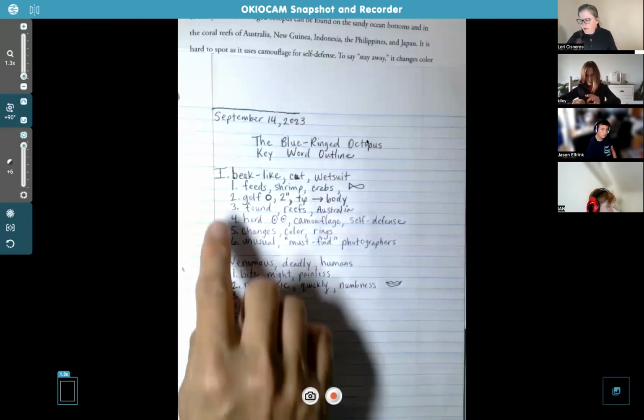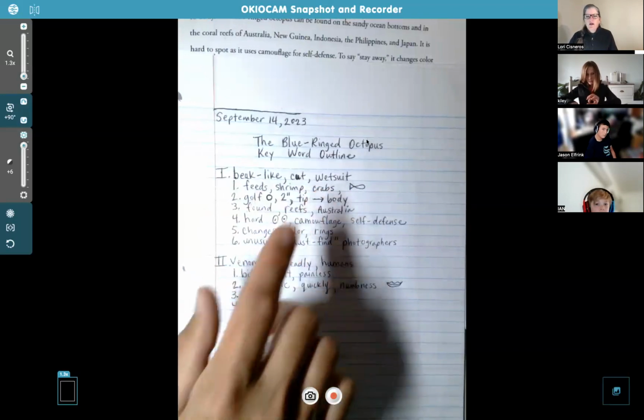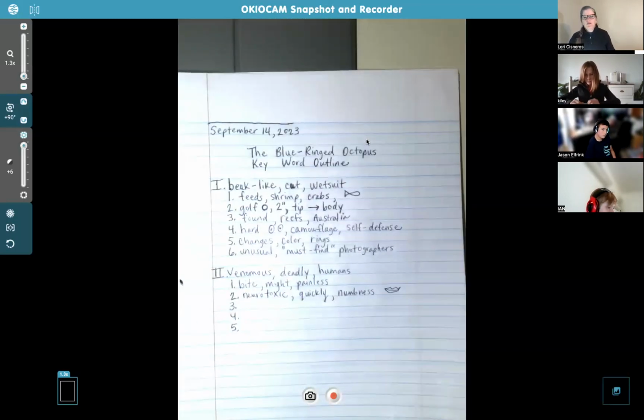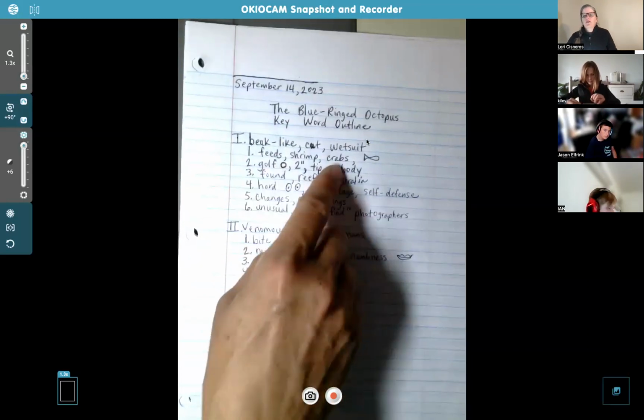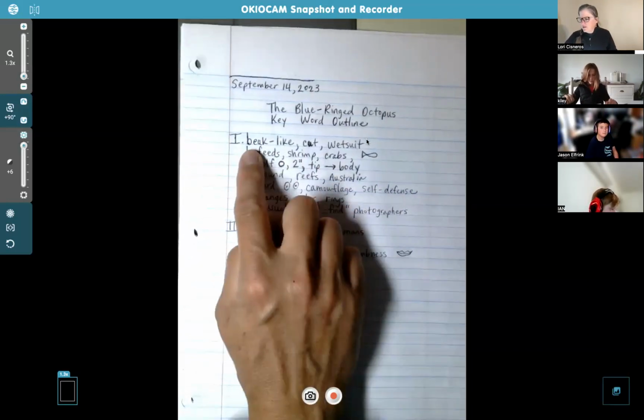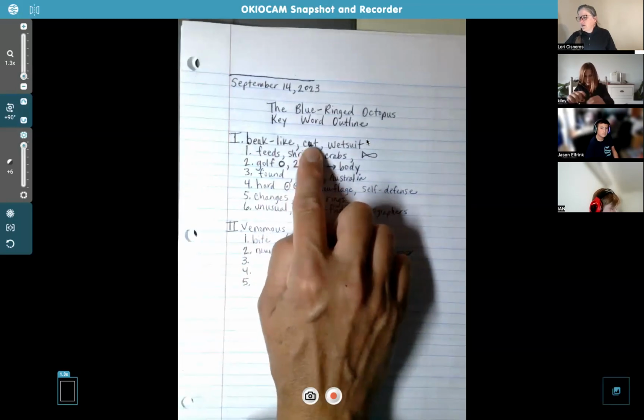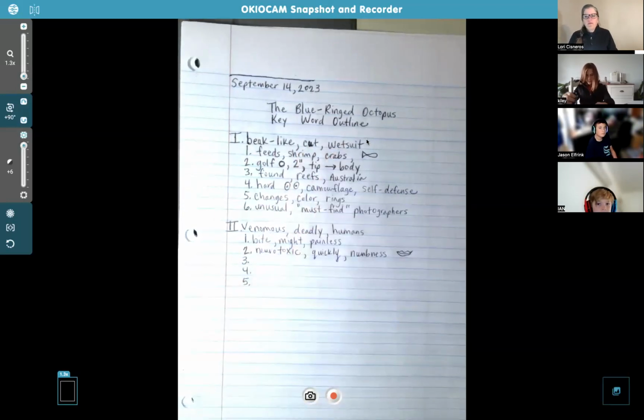For example, I start at the top here. I'm going to put away the original article and not look at that at all, and only use my keyword outline. Number 1 says beak-like, cut, and wetsuit. So what I'm going to do is take this off share and show you how you would retell this article to a parent, because this is part of your homework this week, okay?